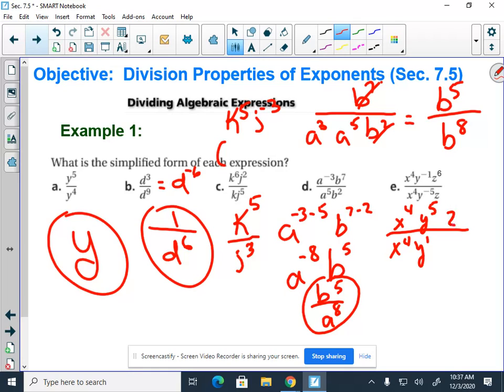The Z's, I'm going to leave them. Remember, that's a Z1. Now I'm going to do the subtracting. Now with the X's, 4 minus 4 is 0. So it'd be X to the 0. Anything to the 0 is 1, so those just disappear. The Y to the 4 is in the top. The Z to the 5 is also in the top.